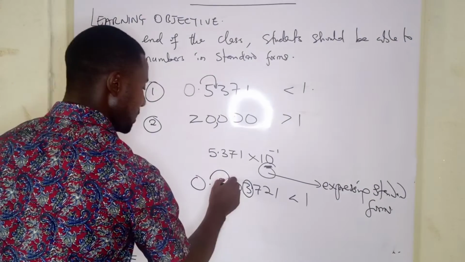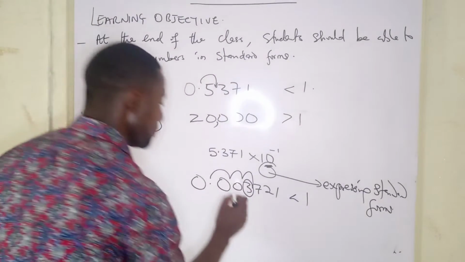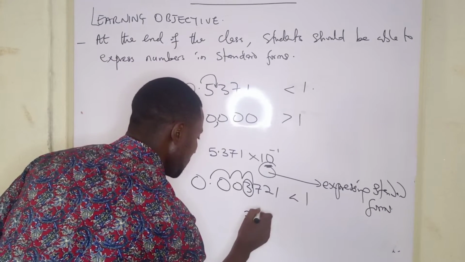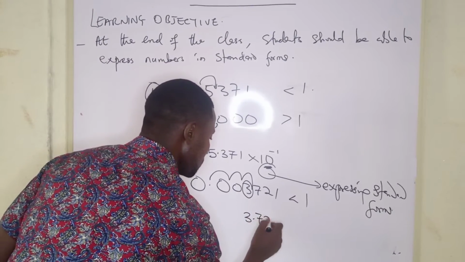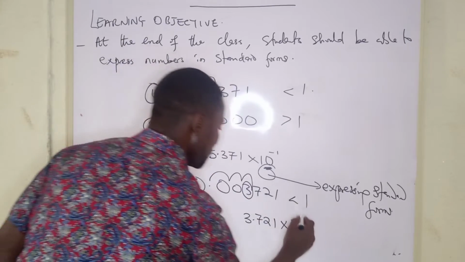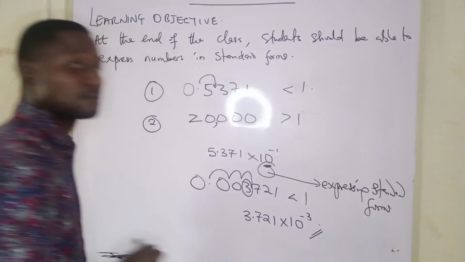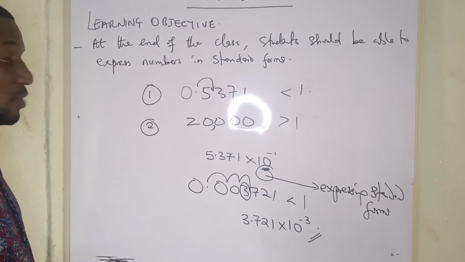You will go 1, 2, and 3. So it becomes 3.721 times 10 raised to power what? Minus 3. Are we clear?